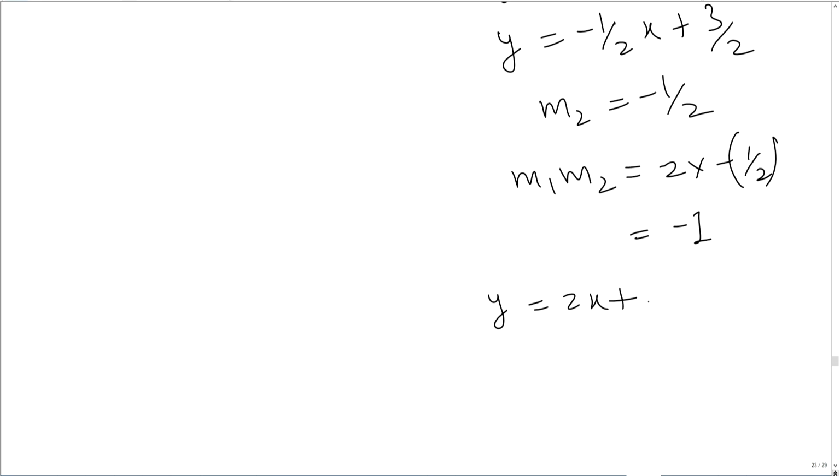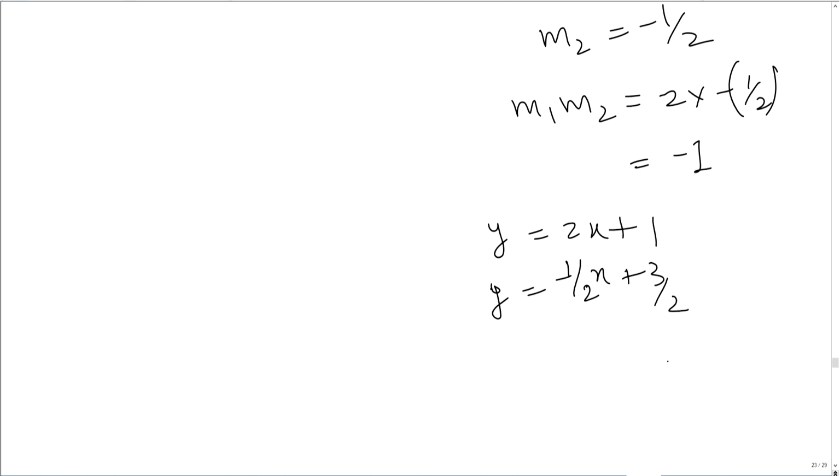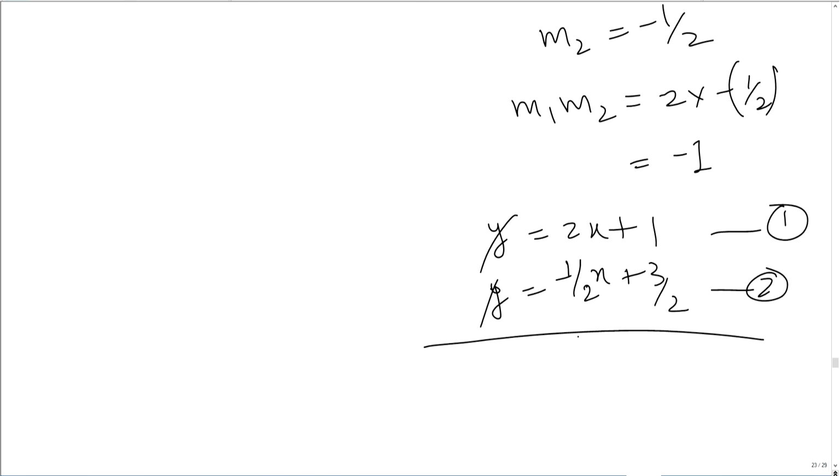First is y equals 2x plus 1. Second is y equals minus 1 by 2 x plus 3 by 2. If you solve these equations, let us subtract equation 2 from 1. So y will cancel out, and it becomes 0 equals (2 plus 1 by 2)x plus 1 minus 3 by 2.